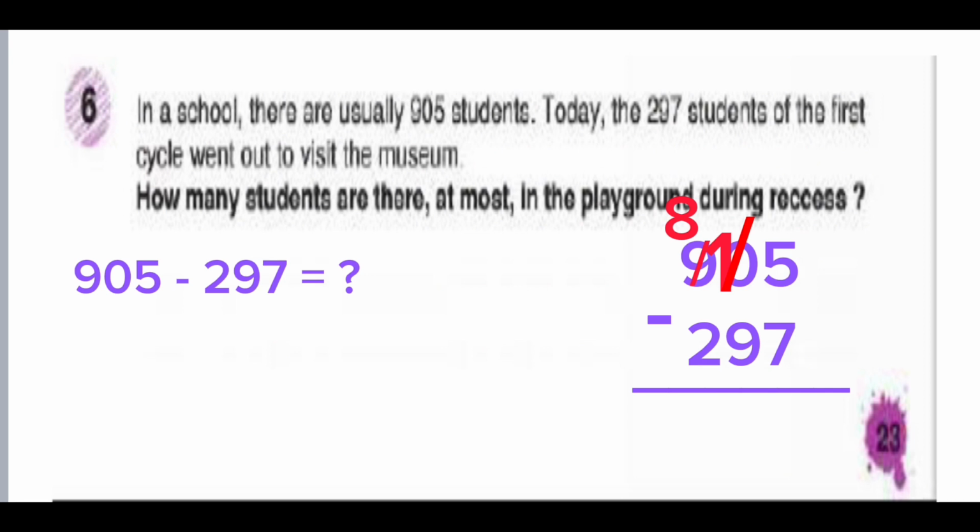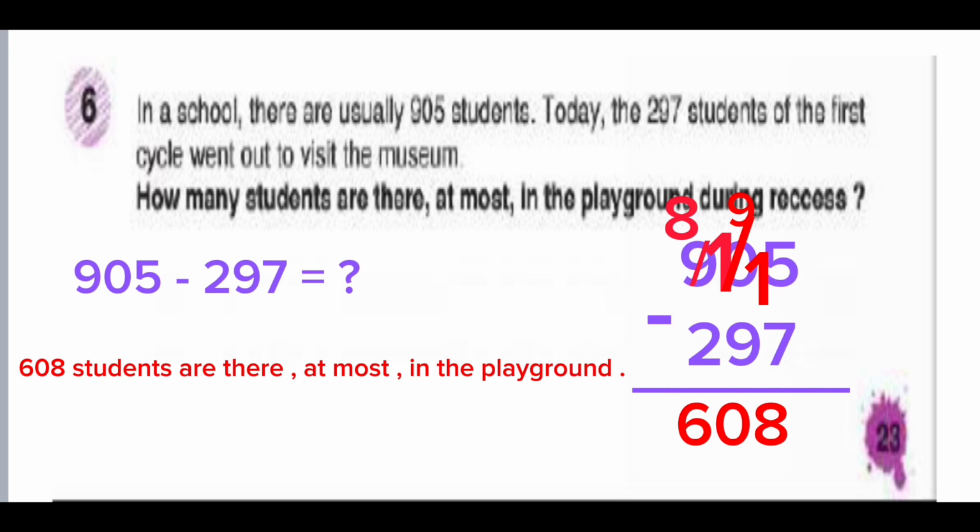It becomes 15, and the 10 in the tens will become 9. Now we subtract: 15 minus 7 is 8, 9 minus 9 is 0, 8 minus 2 is 6. So the answer is 608. So the number of students that we will see in the playground during recess is 608 students.